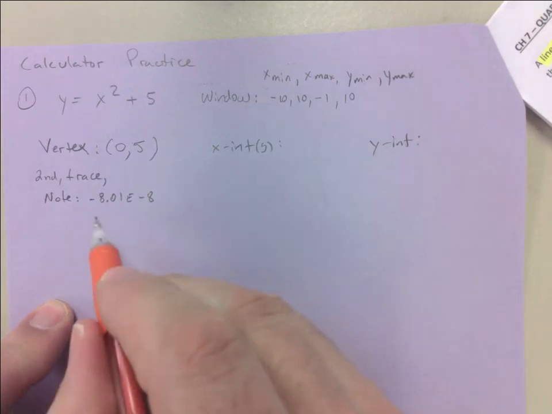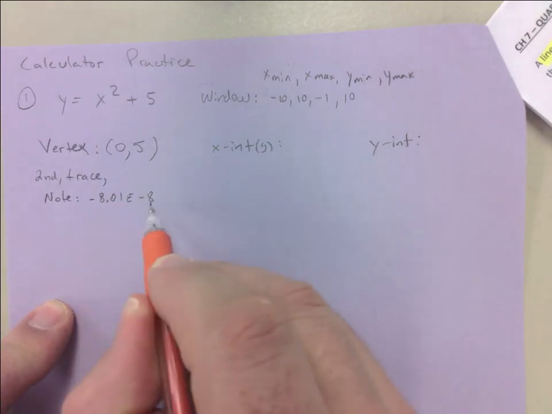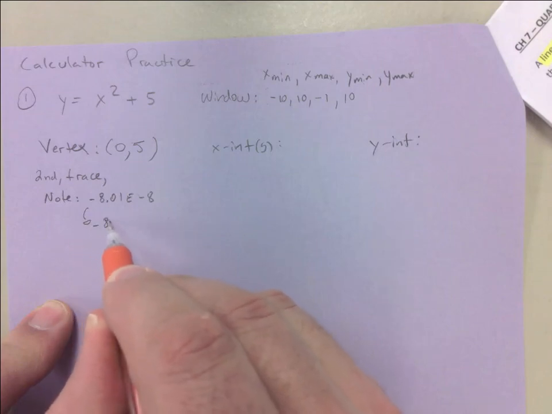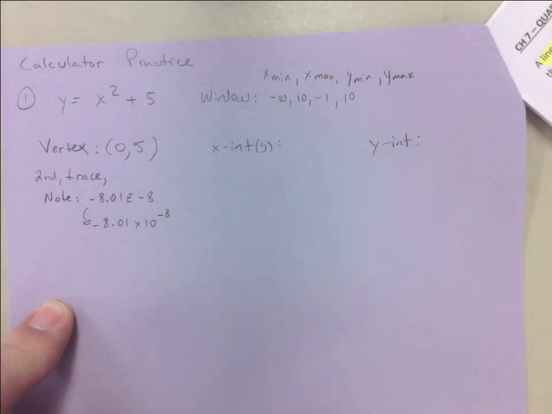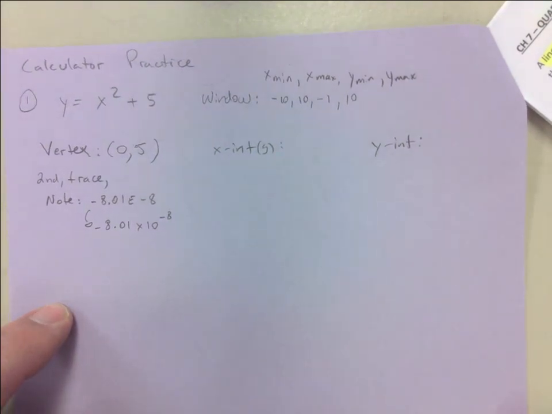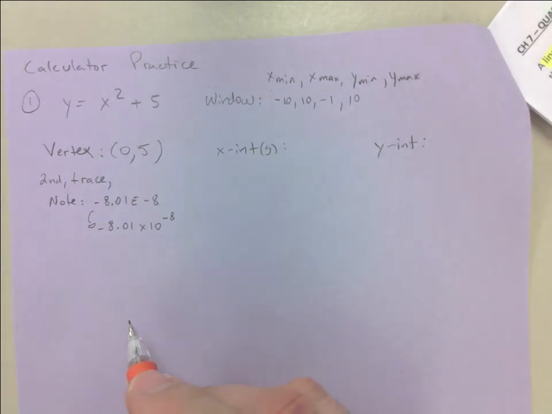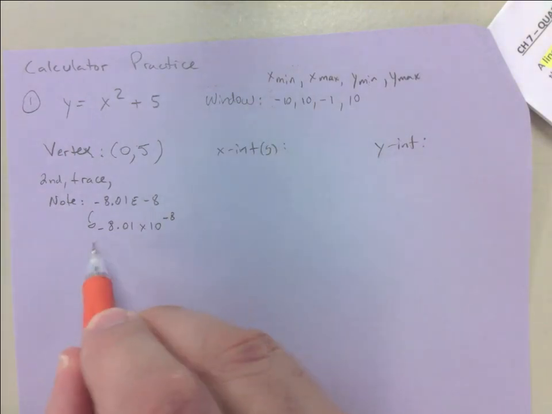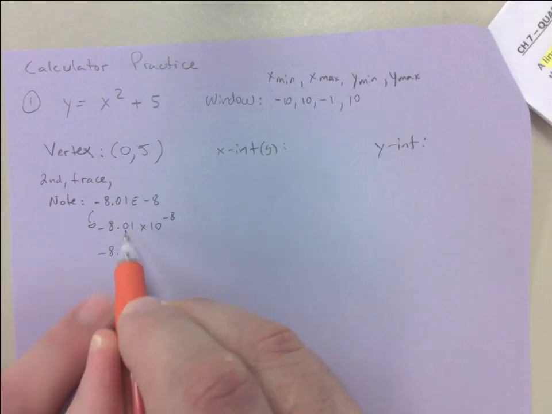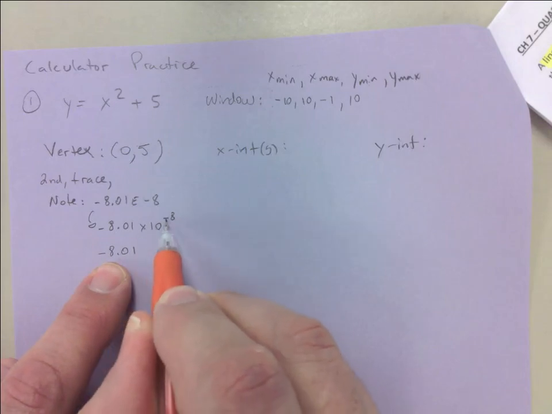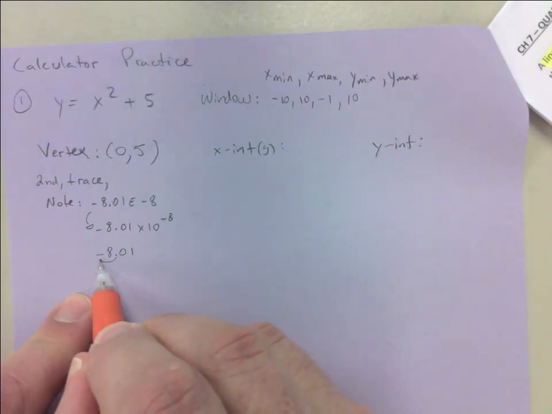What does that really mean? This is really negative 8.01 times 10 to the negative 8. I don't know how many of you encounter this in some other courses. Some other courses you would not be saying 0, right? You would consider everything. But what this means is if you start with negative 8.01 times 10 to the negative 8, it means that you're moving the decimal 8 spaces over.